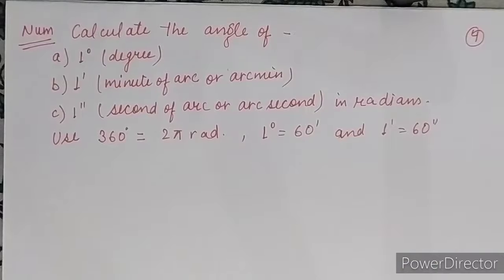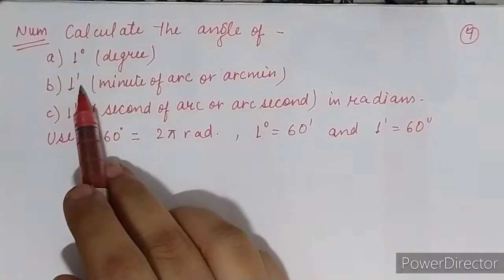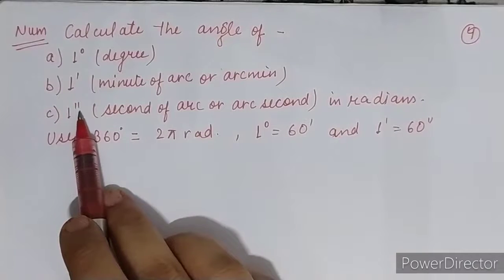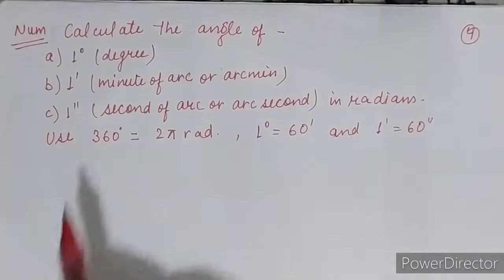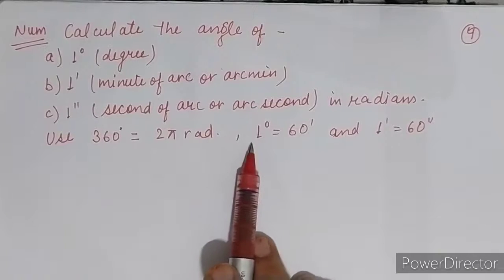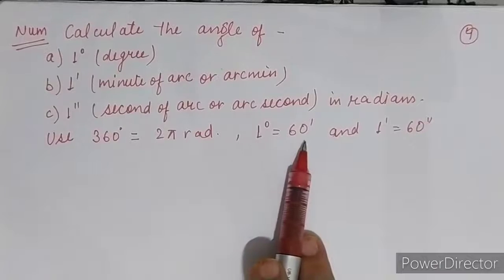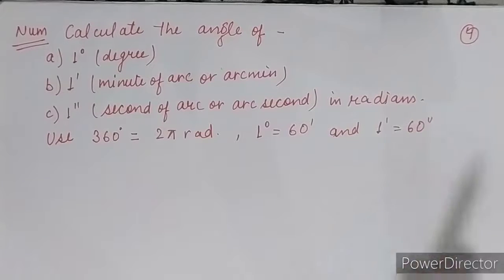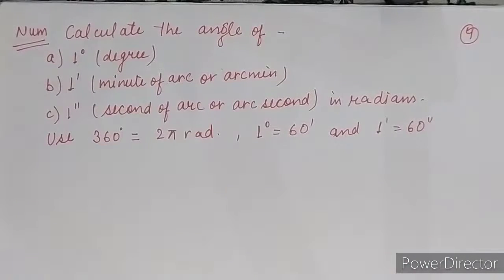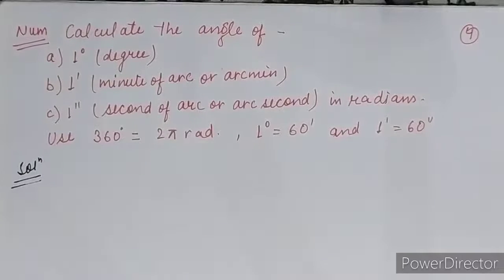So first, remember the notations: this is for the degree, this 1 dash for the minute, and this is for the second. Clear? This is your numerical. Now we are going to solve this numerical. It's an easy numerical, beta. Just take a look at how you have to apply all these values.